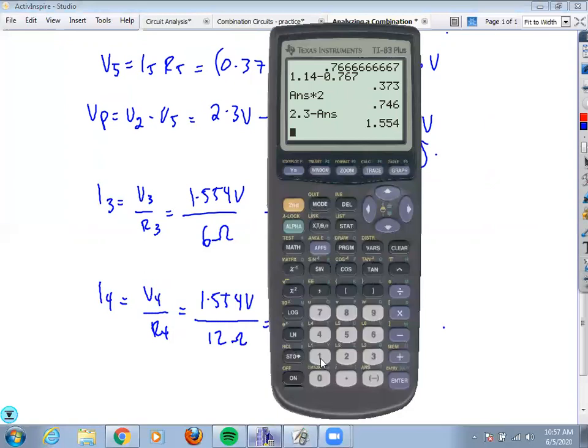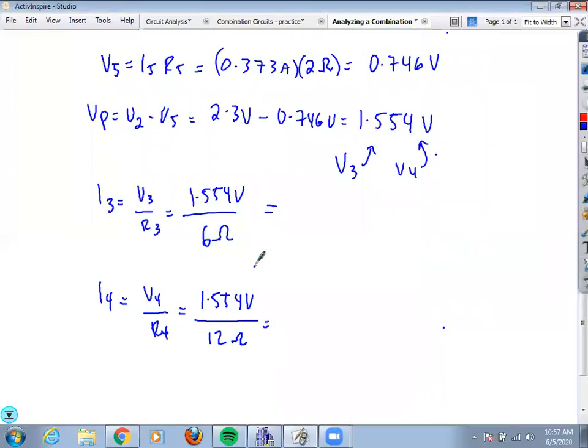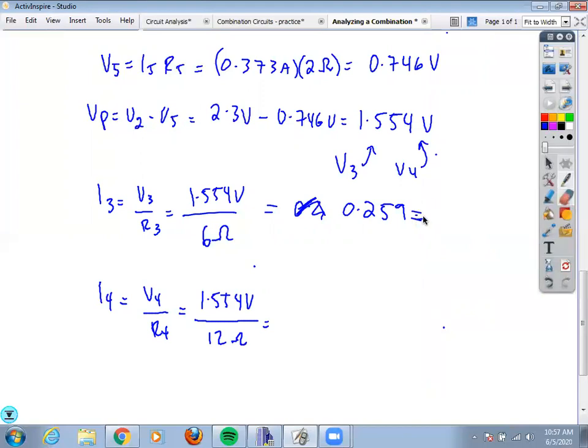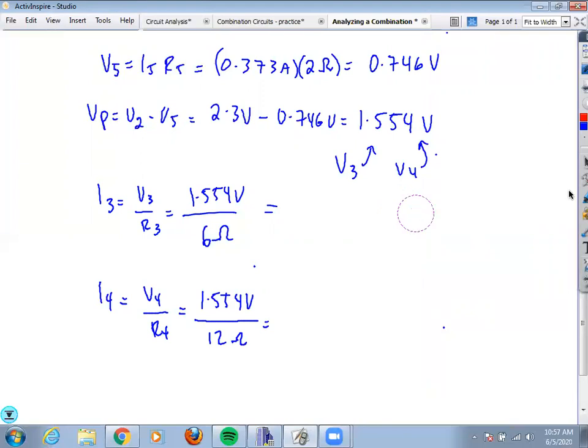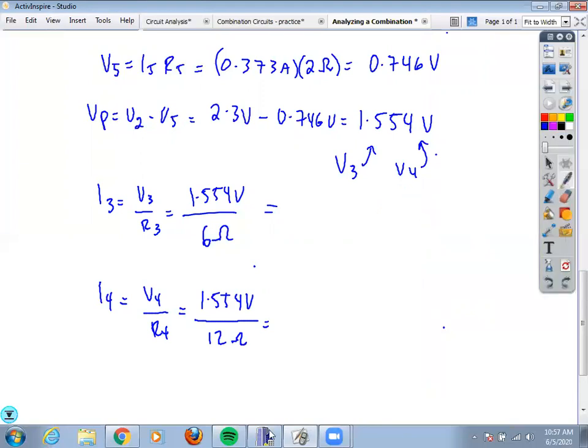So 1.554 divided by 6 gives us 0.259 amps. Computer's acting a bit slow today. What was it again? 0.259.